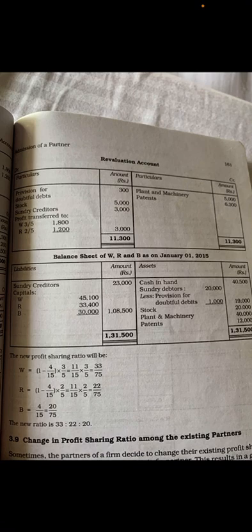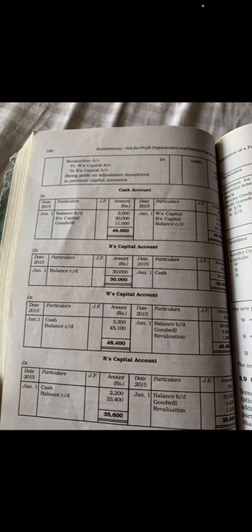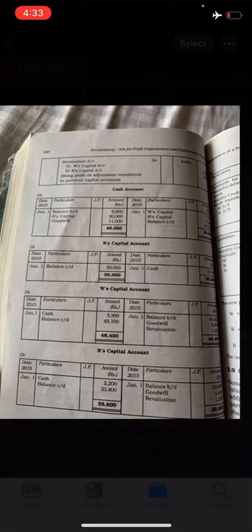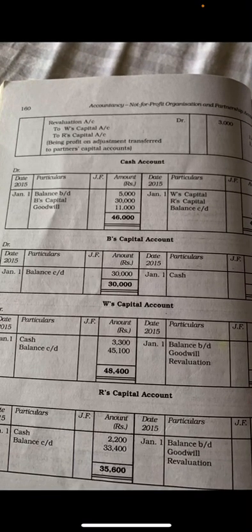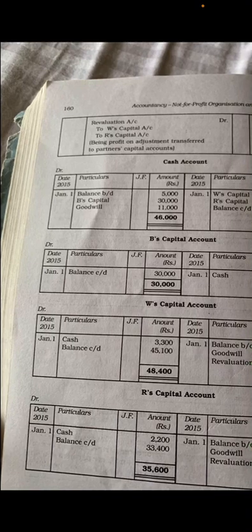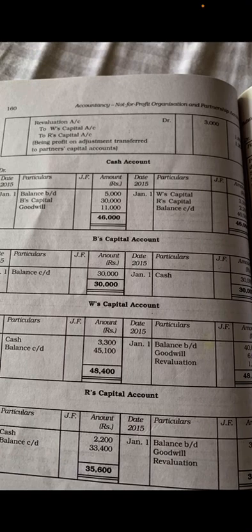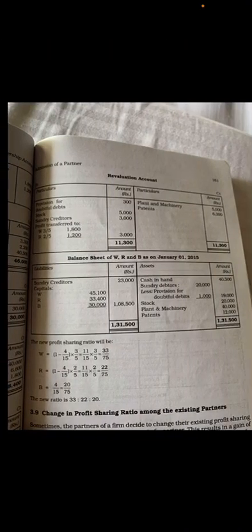You all know the format and how to do it. Next we will come to the ledger account. I know you all know how to do the ledger account. I want you to do it by yourself. You have to see which ledger accounts are affected with the help of your journal entries. So do it by yourself.